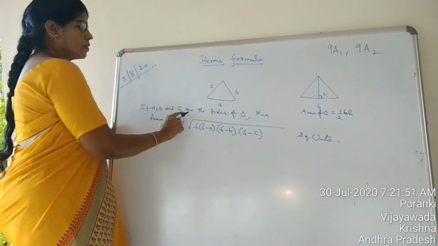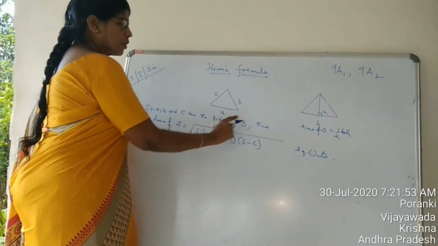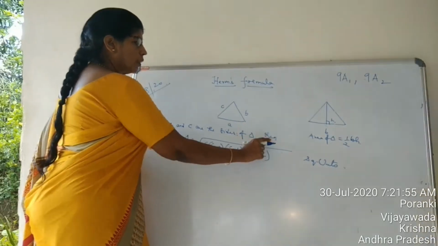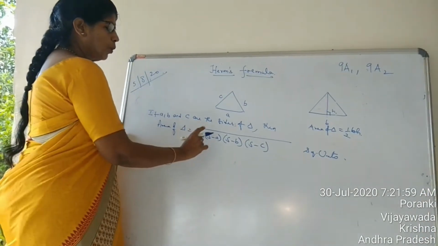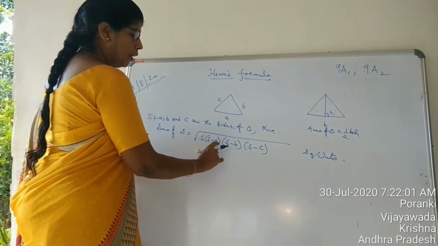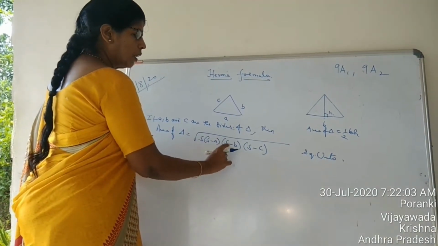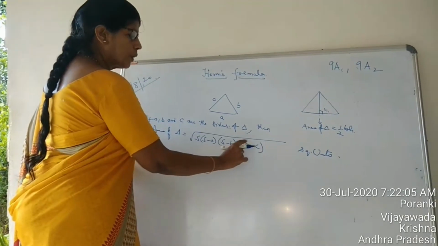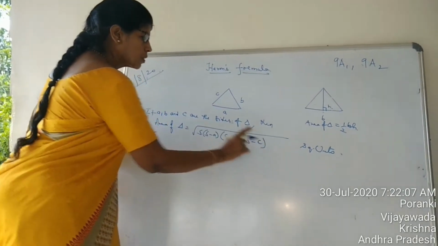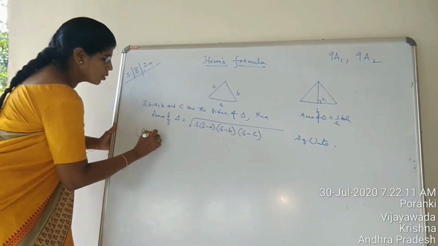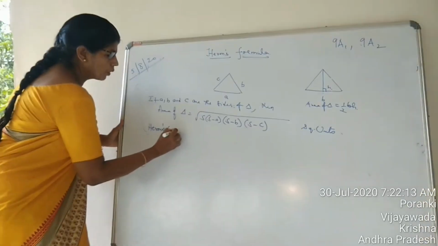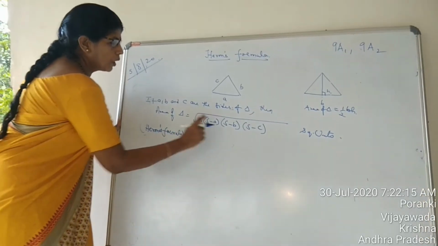Now, if A, B and C are the sides of a triangle, then area of triangle is equal to root of S into (S minus A) into (S minus B) into (S minus C) square units. This is Heron's formula, children.